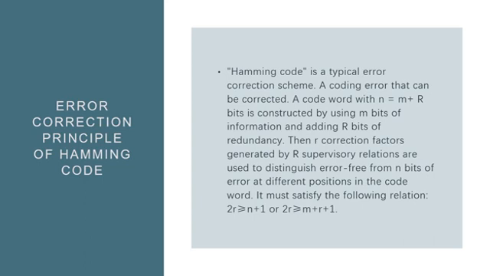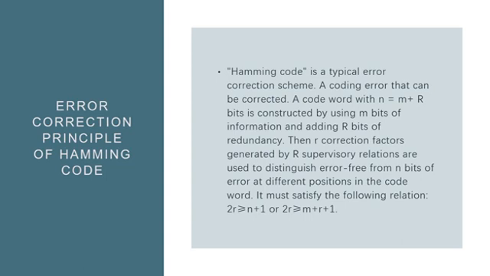A code word with n equal to m plus r is the basic idea, and then R correction factors generated by R supervisory relations are used to distinguish the error-free case from an error in one of the n bits at different positions in the code word.